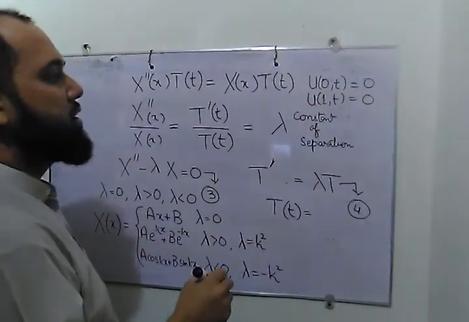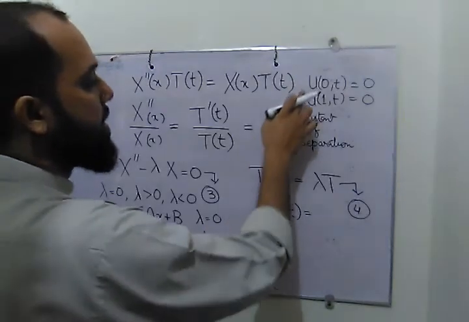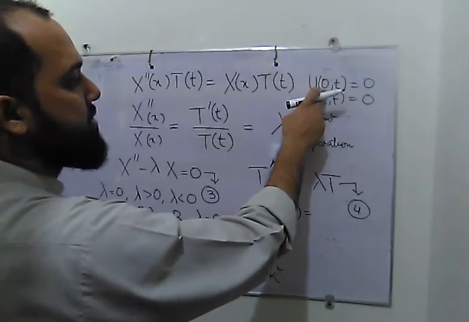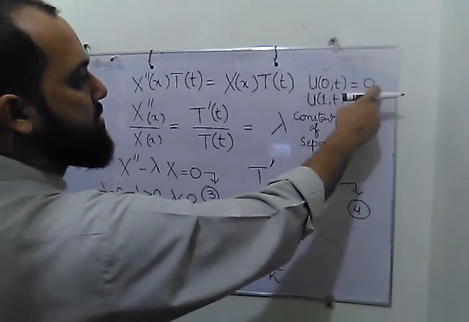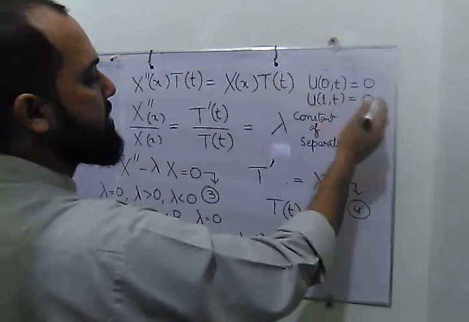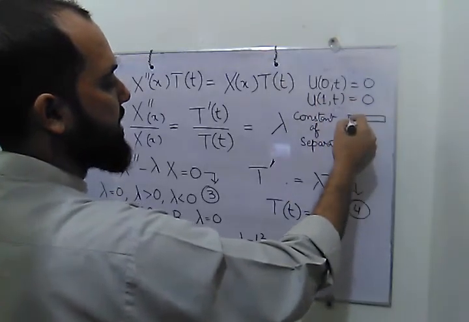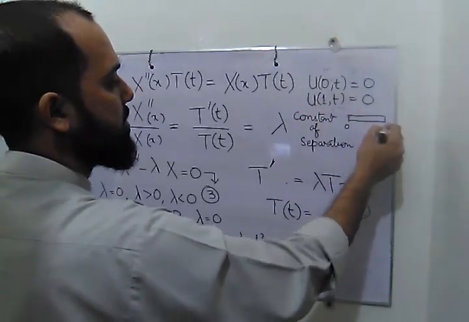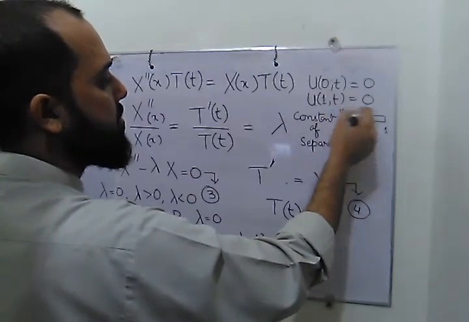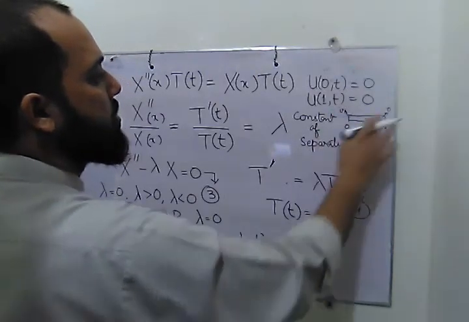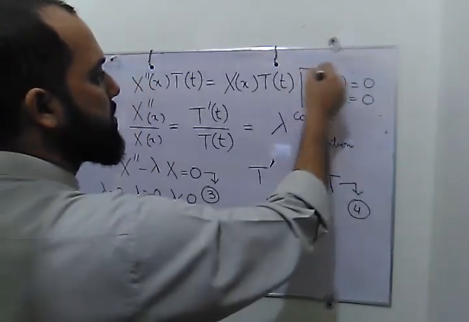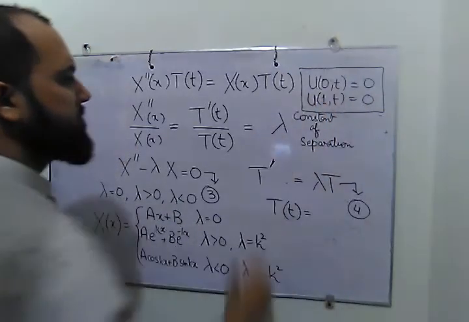These boundary conditions tell us that the temperature represented by u at point 0 is 0 and the temperature at point 1 is 0. So that was our one-dimensional object, with these two endpoints 0 and 1, and the temperature here is 0 and the temperature here is 0. So these were our boundary conditions given to us with the equation.